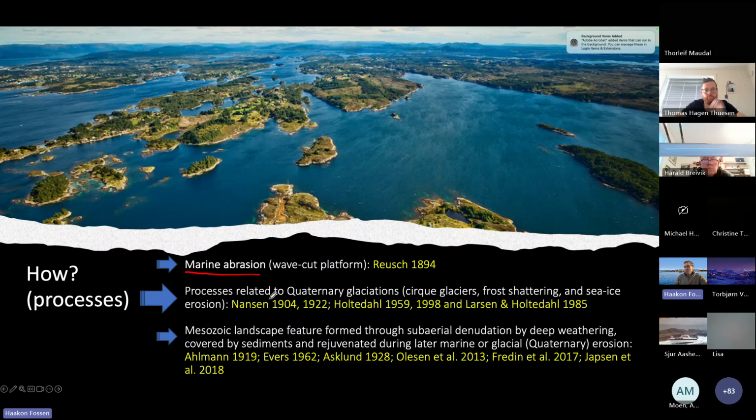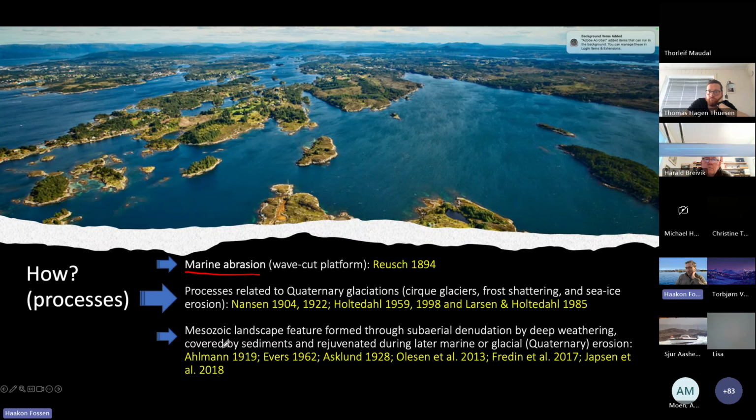Then we have processes related to Quaternary glaciations, so cirque glaciers, frost shattering, and sea ice erosion, this kind of stuff. And Nansen was arguing in favor of that, and also Larsen and Holtedahl. I don't think that's a very important set of processes.